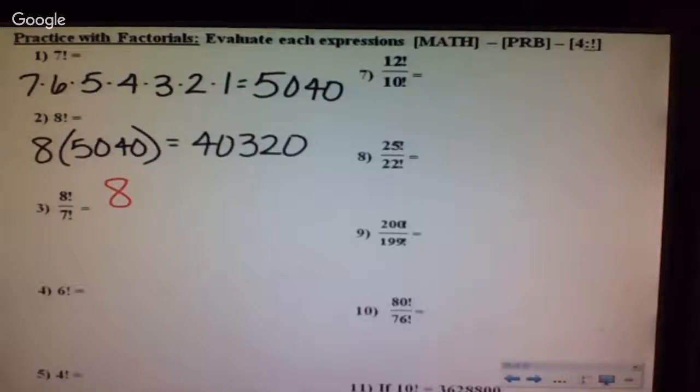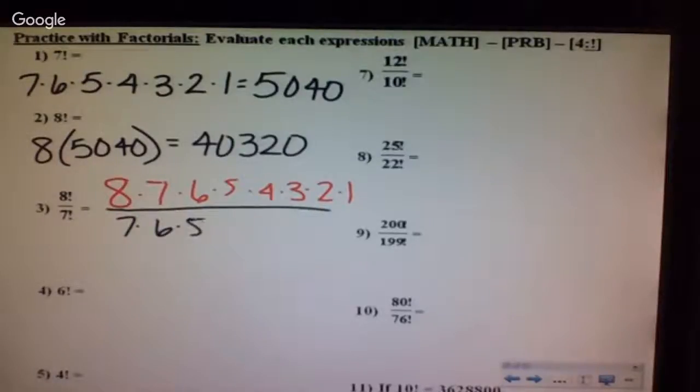Remember, this is 8, 7, 6, 5, 4, 3, 2, 1, and the bottom starts 7, 6, 5, 4, 3, 2, 1. So everything is going to cancel out except for the 8 in the top.